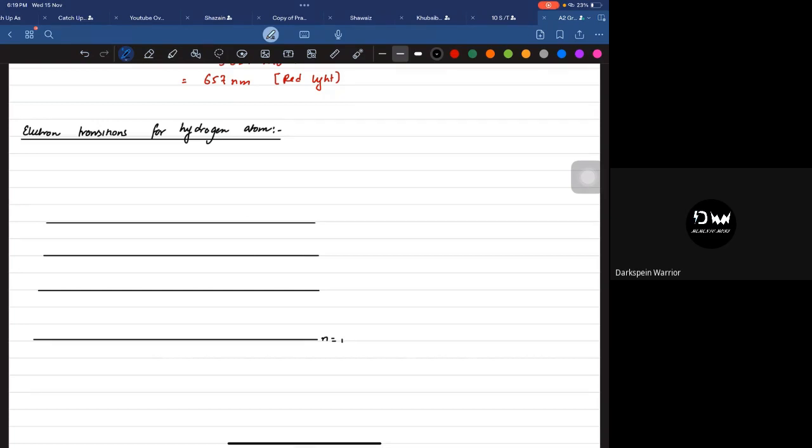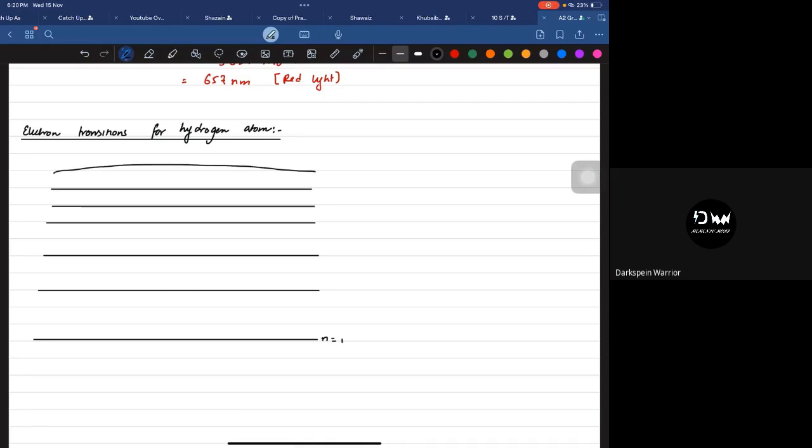It is something I want to tell you about this. I want to make seven. So usually, when you're looking at the energy levels of hydrogen, you have jumps.